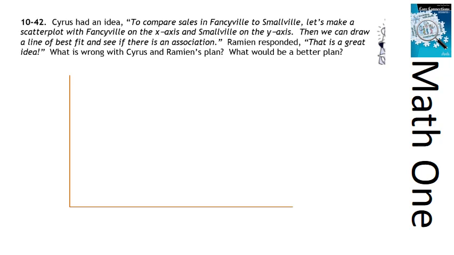The problem with this is that it says, let's make a scatter plot with Fancyville on the x-axis and Smallville on the y-axis. Well, I'm not even sure how I would do that, right? Because what would this point represent?